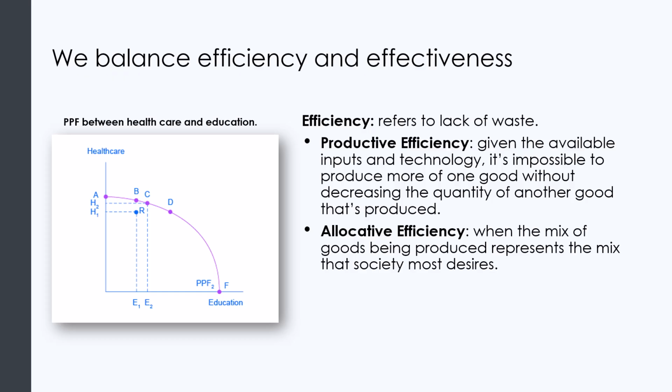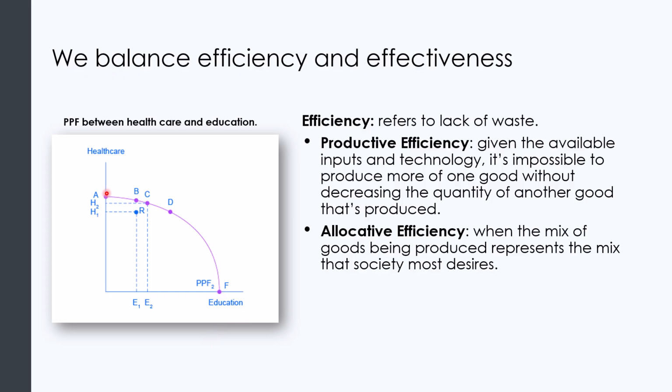We want to be effective, have the right combinations to get the job done, but we want to do that efficiently with as little to no waste as possible. So productive efficiency means that we have maximized the use of all of our resource inputs, land, labor, capital, and entrepreneurial ability, and that we would not be able to be more effective, more efficient without more resources.